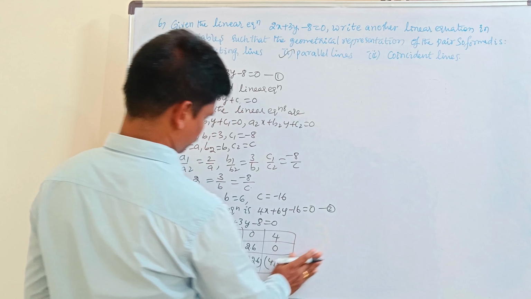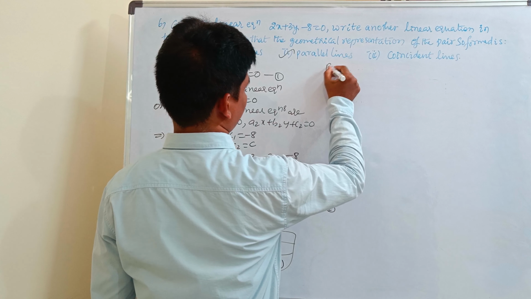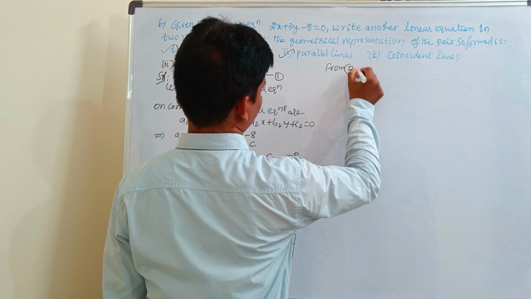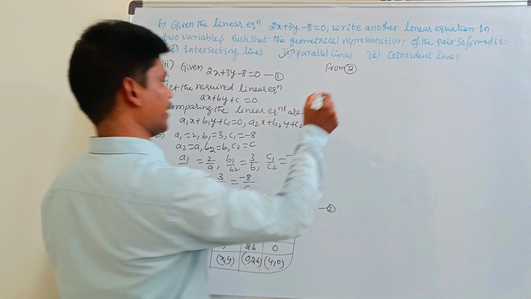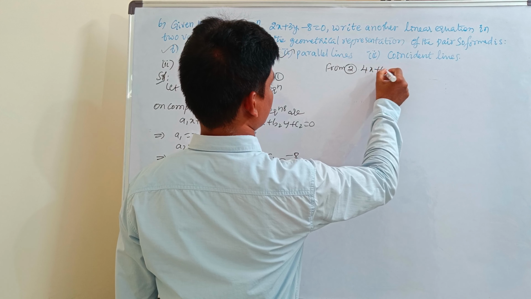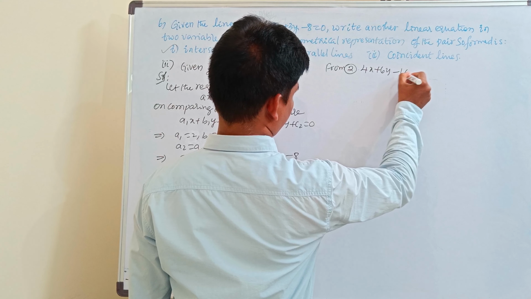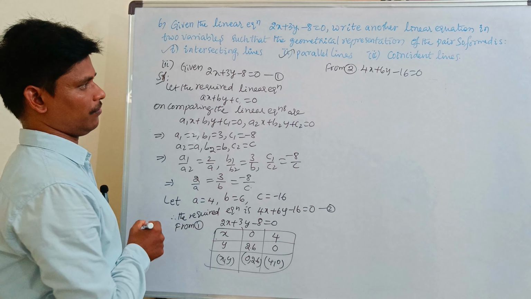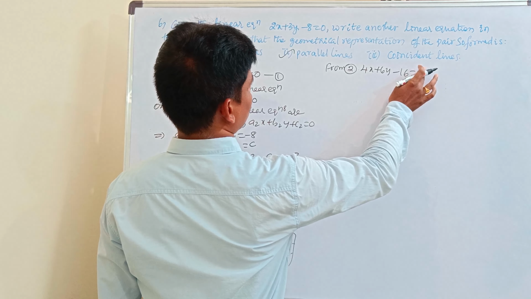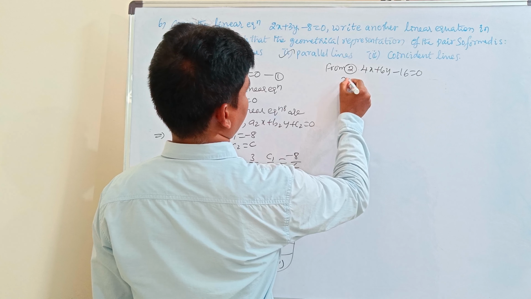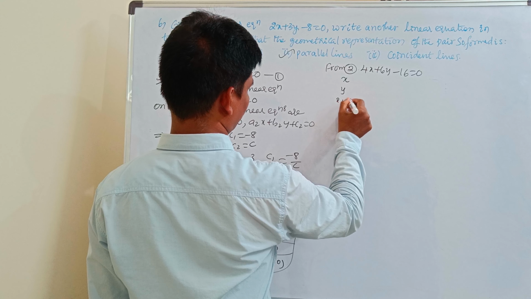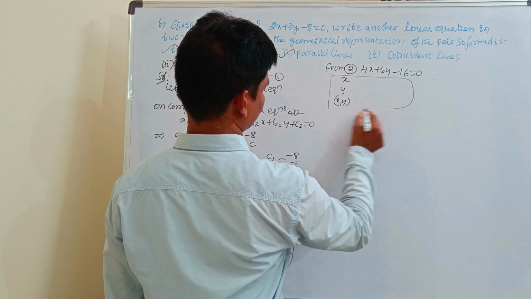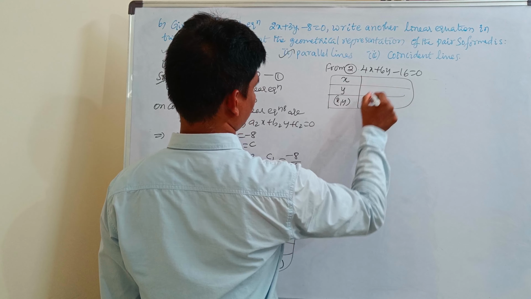Next from 2, what are the solutions? The equation is 4x plus 6y minus 16 is equal to 0. Take x, y. Take two solutions.